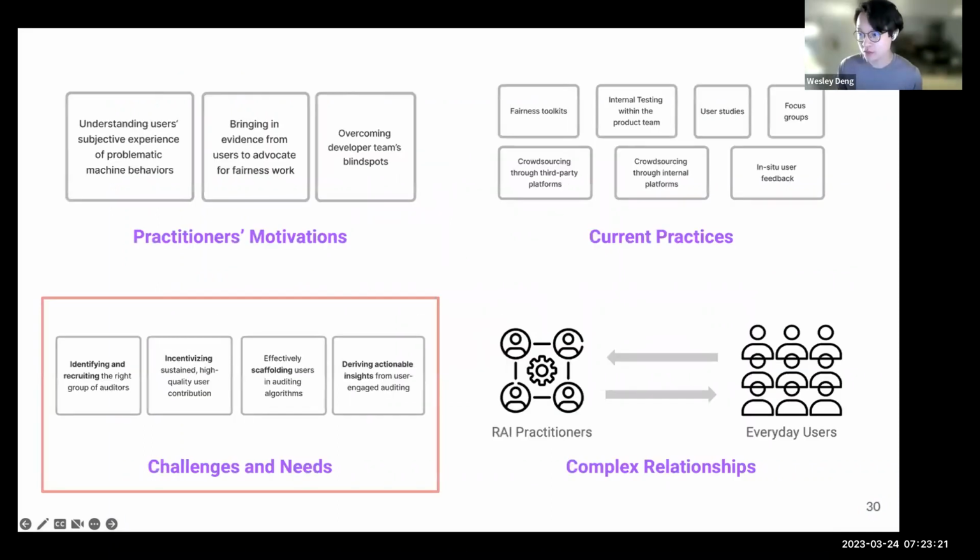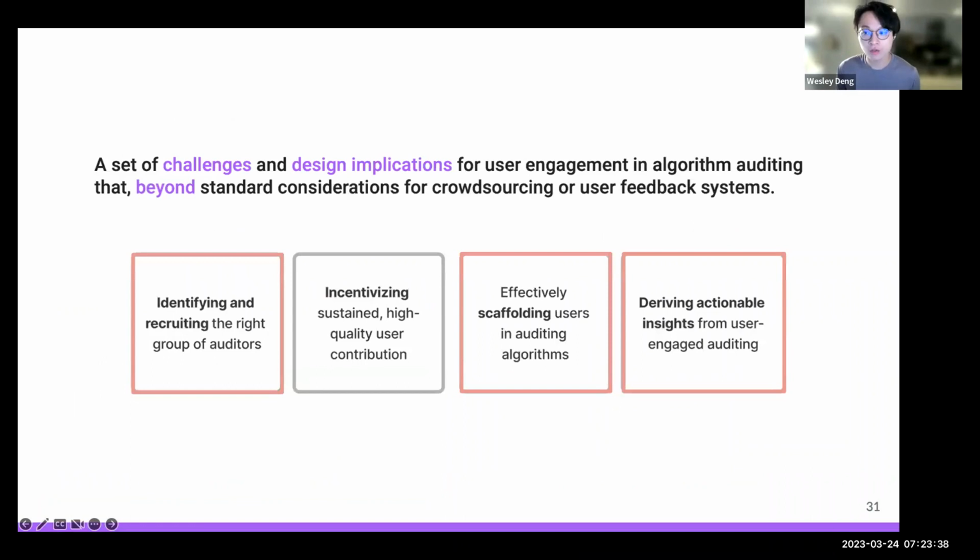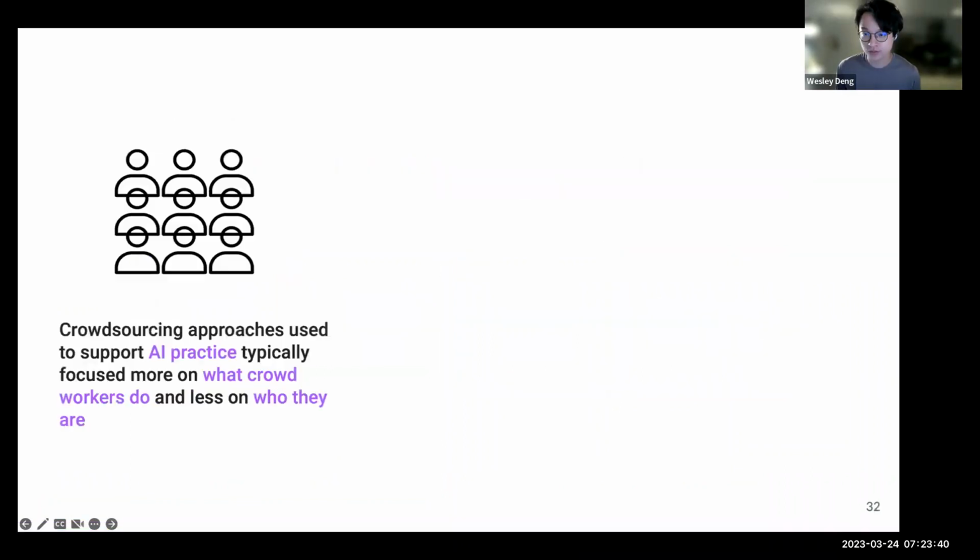Though practitioners attempted to adopt traditional crowdsourcing and user feedback systems, our findings reveal a set of challenges and design implications for user engagement in algorithm auditing that go beyond standard considerations for crowdsourcing or user feedback systems. In this talk, I will share only a subset of these challenges.